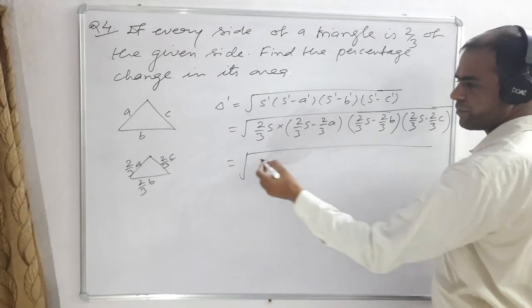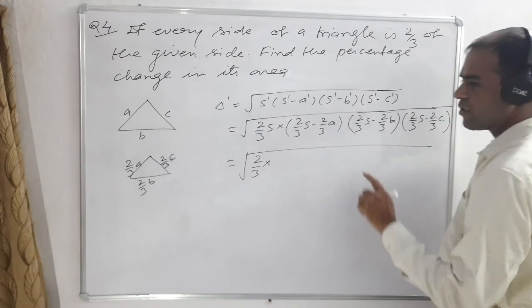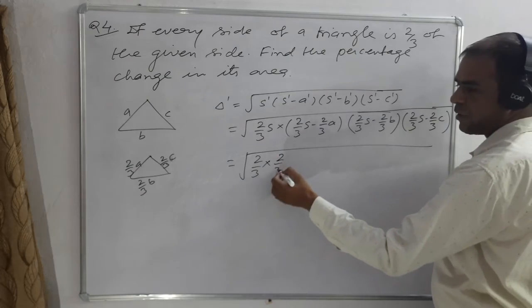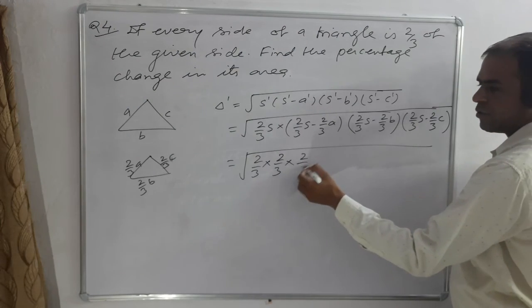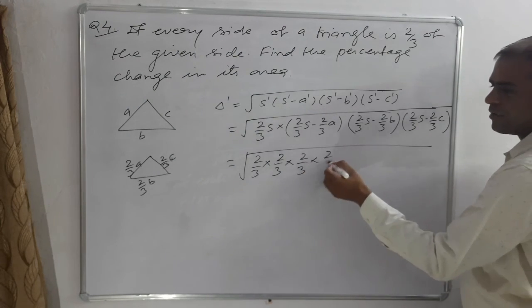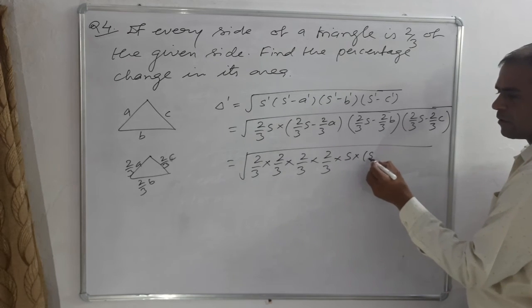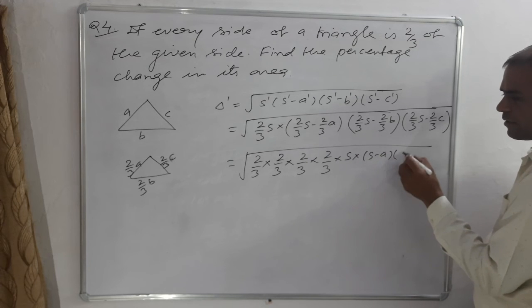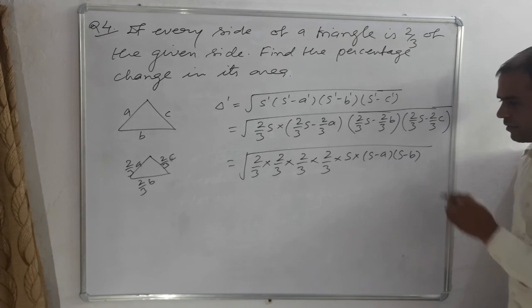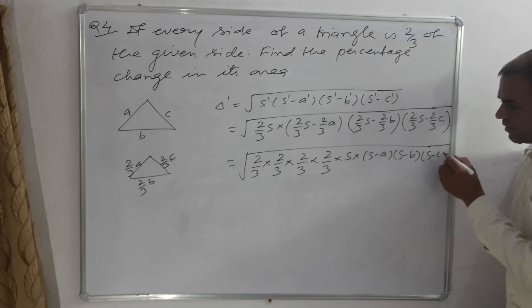Again, taking the common, 2 by 3 is common in each, then the remaining terms S, S minus A, S minus B and S minus C.